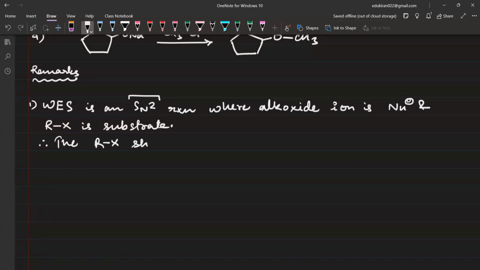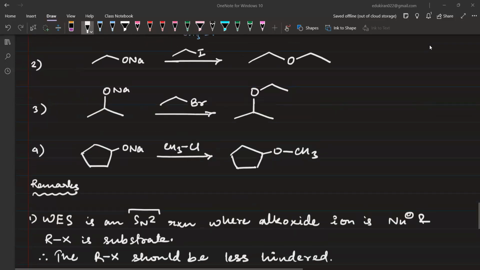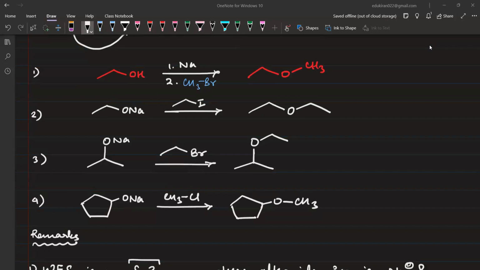Therefore, Rx should be less hindered. यानी कि यहाँ पे जो भी हम लोगों ने ethers बनाए हैं, in ether we have two alkyl groups, right?